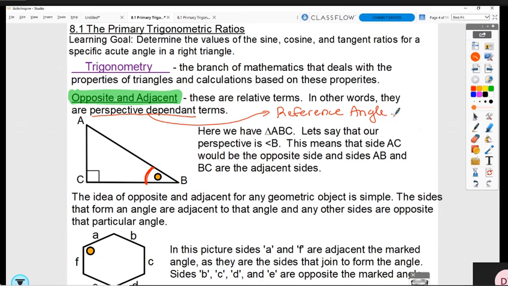I love the word reference angle a lot better. So if angle B is our reference angle, then side length AB and side length BC should both be called adjacent sides, right?